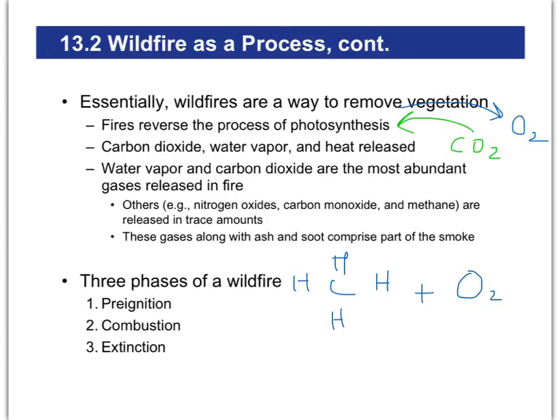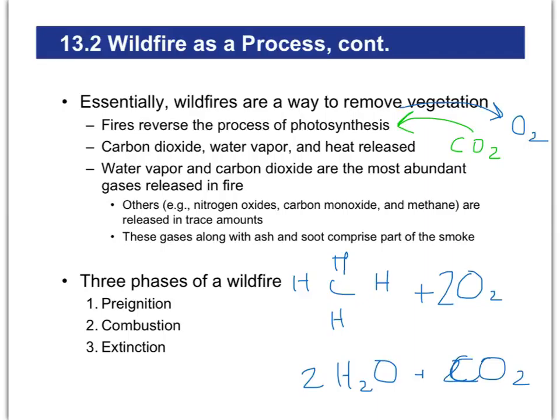When these combust, you have 2 H2Os, so these oxygens go over and one of the oxygens joins with, do I have that, I'm sorry, there should be 2 oxygens right there. One of the 2 of these oxygens come over and join with the 2 hydrogens and make 2 water molecules, and you also have plus 1 CO2. I'm a little rusty on my chemistry right here.